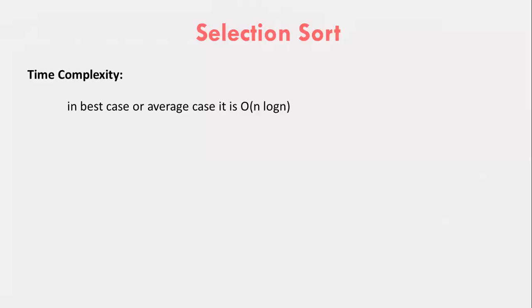Because there are m terms, we are going to divide it m times. Therefore the total number of comparisons is order of n into m, which is nothing but order of n log n. So in the best case or the average case, the time complexity will be order of n log n.